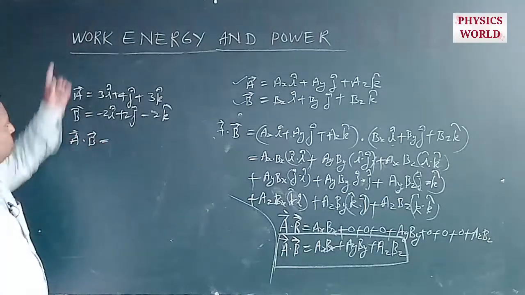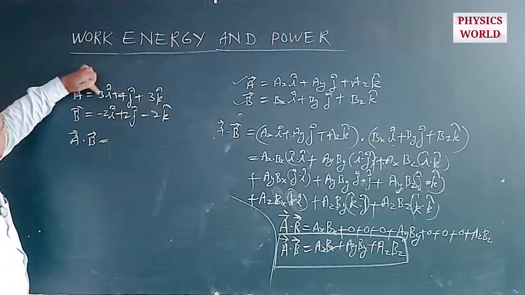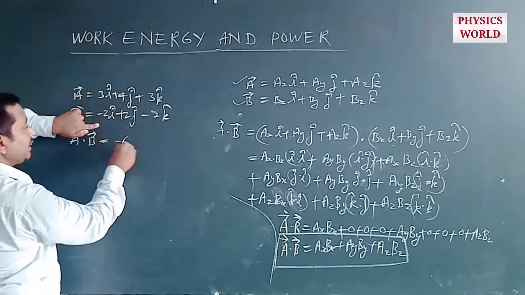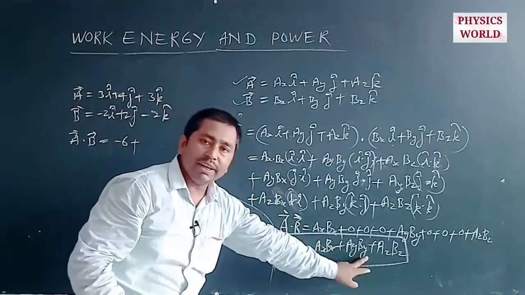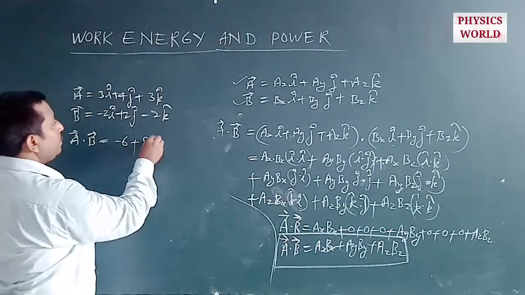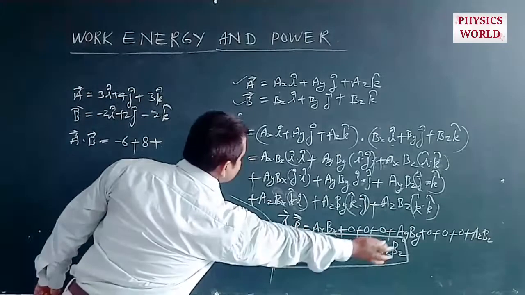So this will be equal to, as from here, ax bx, it means 3 multiplied by minus 2, so 3 twos are 6, minus 6, plus ay by, it means 4 twos are 8, plus 3 multiplied by minus 2 as az bz.